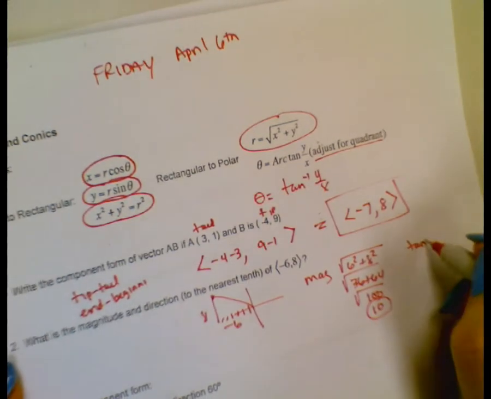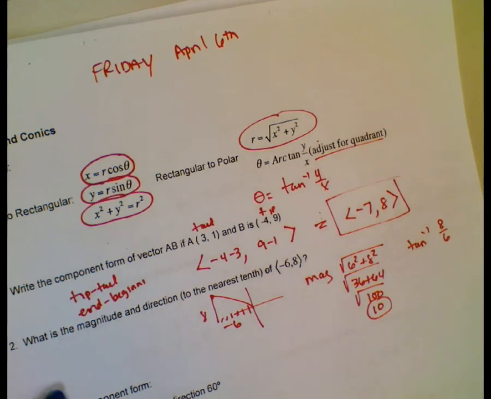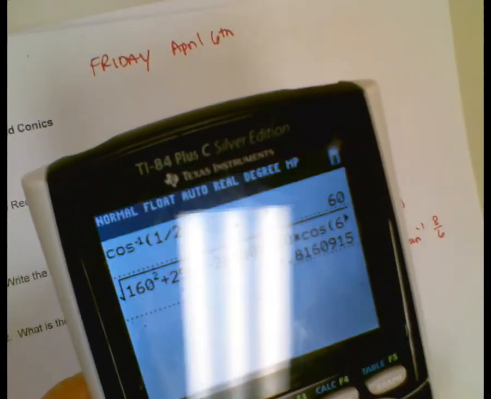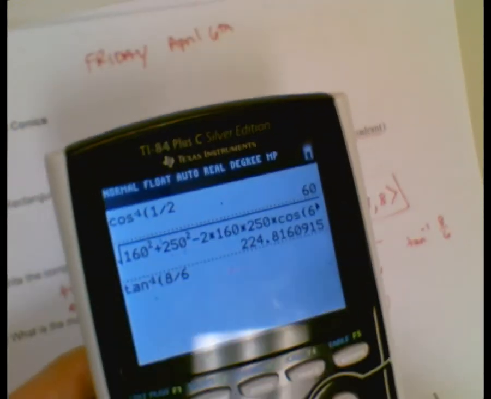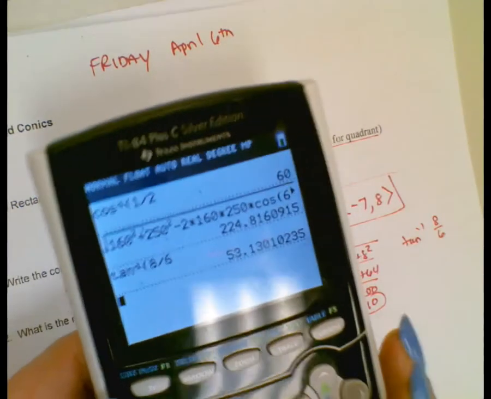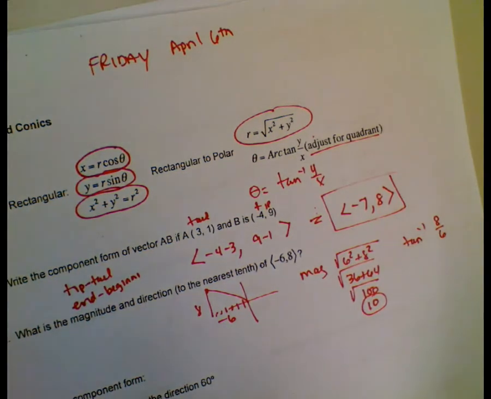The angle, just for quadrant here, I'm not using negatives, is 8 over 6. It's the Y over X. So this is in the second quadrant. I am not using negatives. 53.13. So that's to the nearest tenth, so we'll go 53.1.